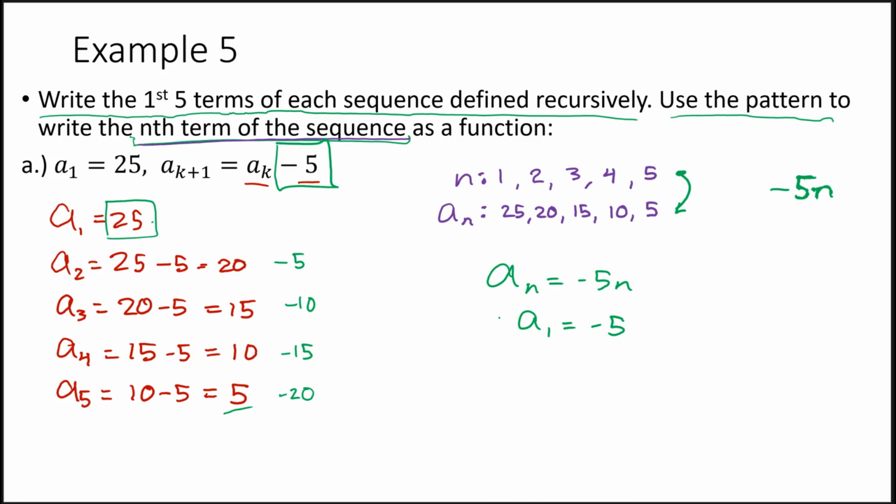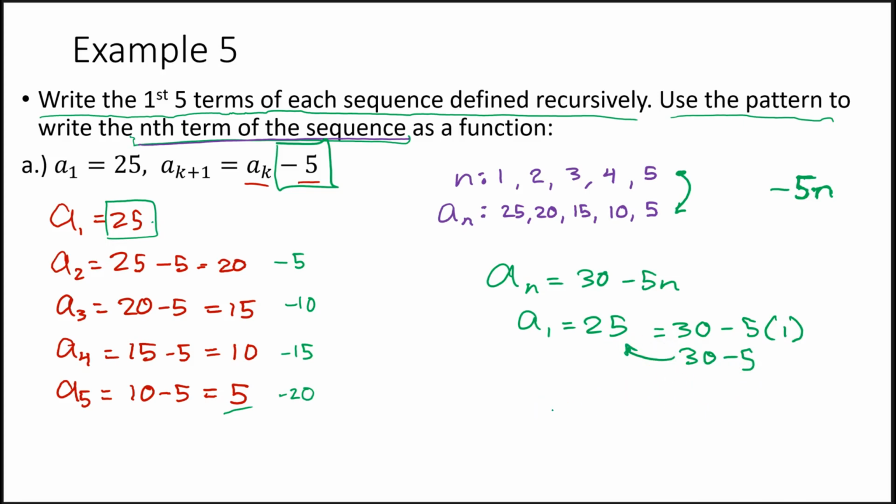I have 25. So how can I make this work so that my result when I have a sub 1 is 25? I know I'm going to have minus 5n. Well, maybe I can have 30 here, because if I plug in 1, that would be 5 times 1, and then 30 minus 5 would be 25.